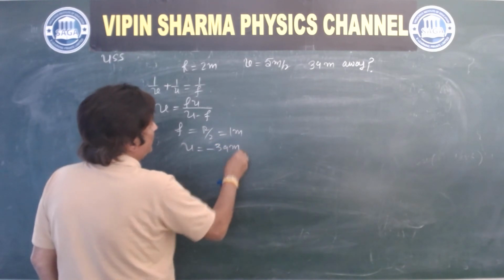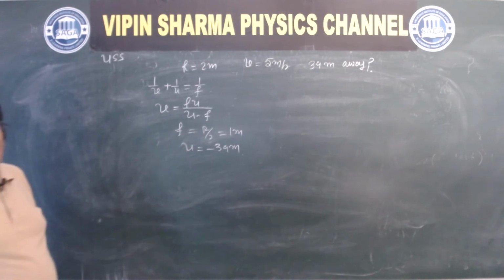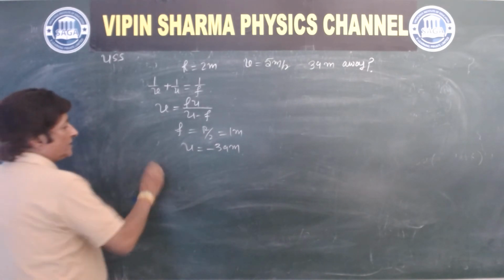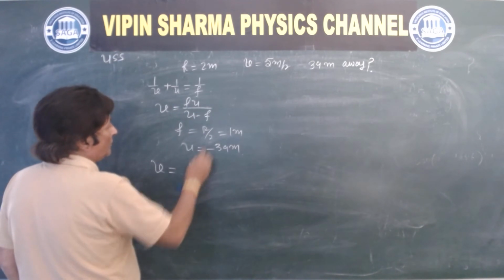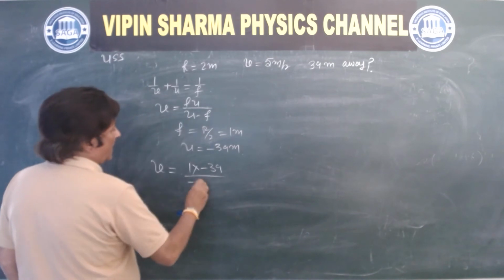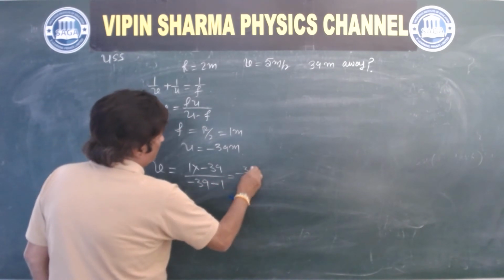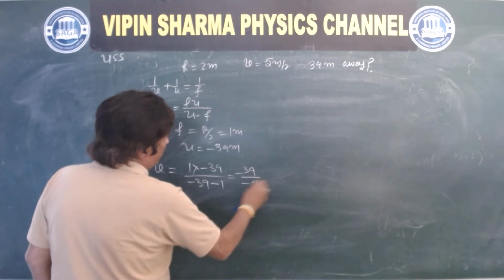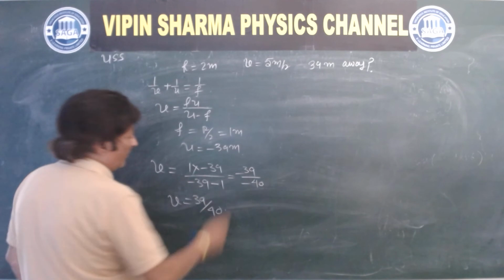Minus 39 meter. So what is v then, students? f is 1, u is minus 39, so v is minus 39 upon minus 40. So v is equal to 39 upon 40.